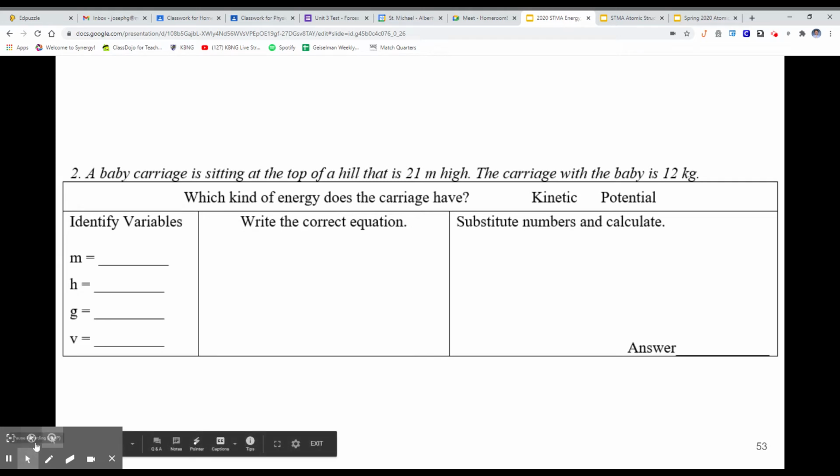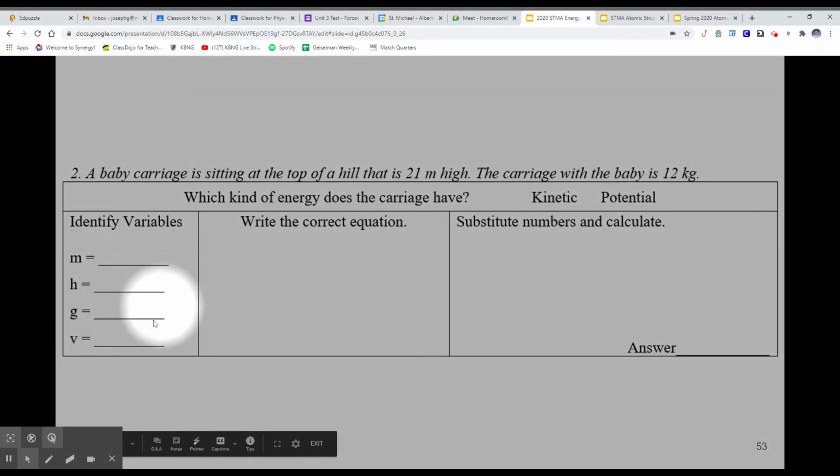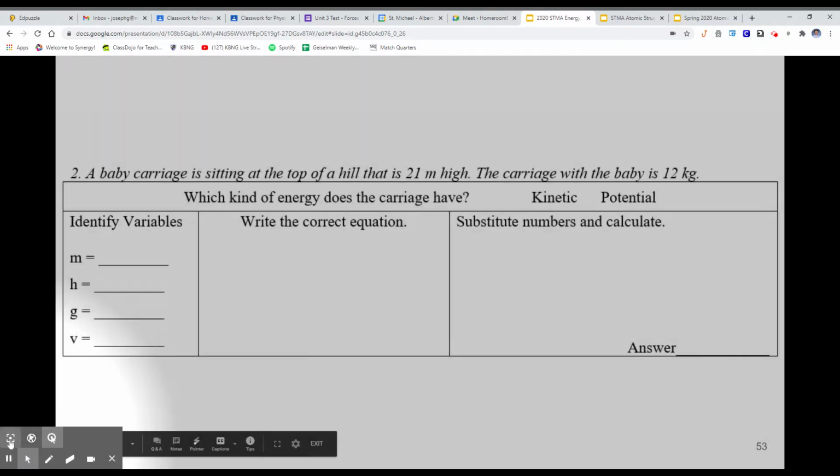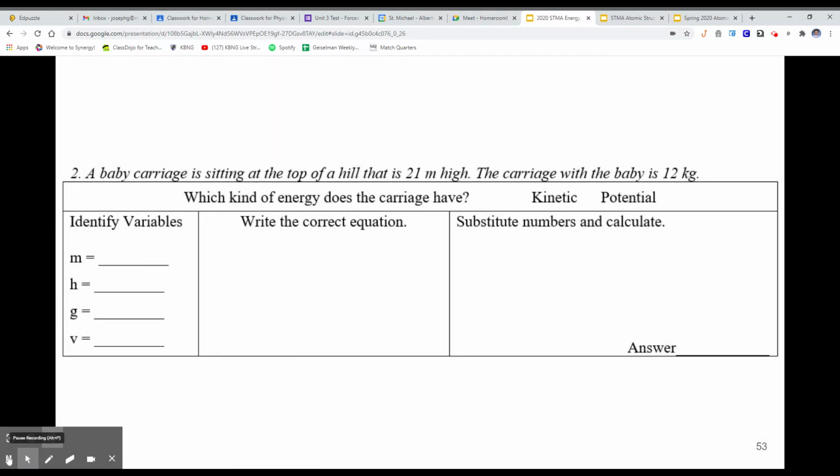Fill in the variables that are missing over here. We have mass, height, gravity, and then velocity. Write the correct equation here, whether it's for kinetic or for potential energy due to gravity, and then substitute and solve over here. So I'll give you a sec to figure this one out. What is the energy of that carriage?